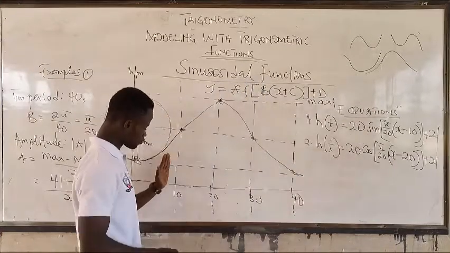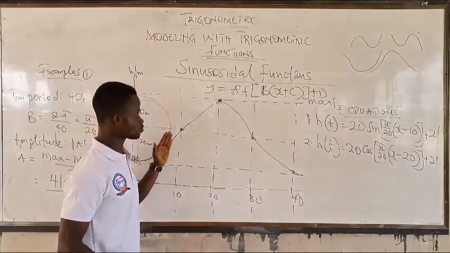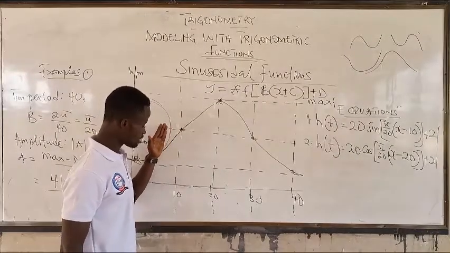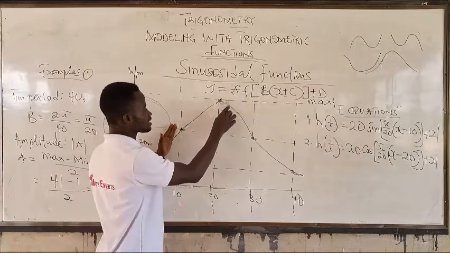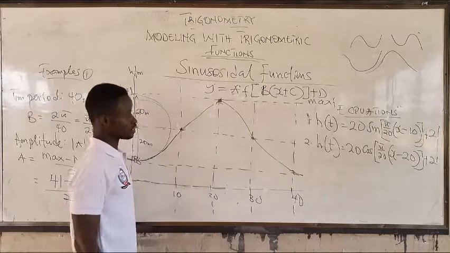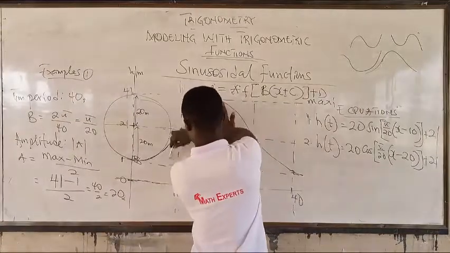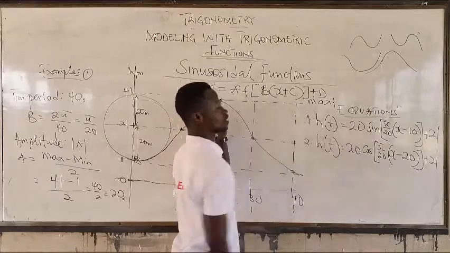And if it shifts at where t is 10, you are going to get a sine function, so you will extend it further. Very good. And if it is cos, you bring the other part to this side.